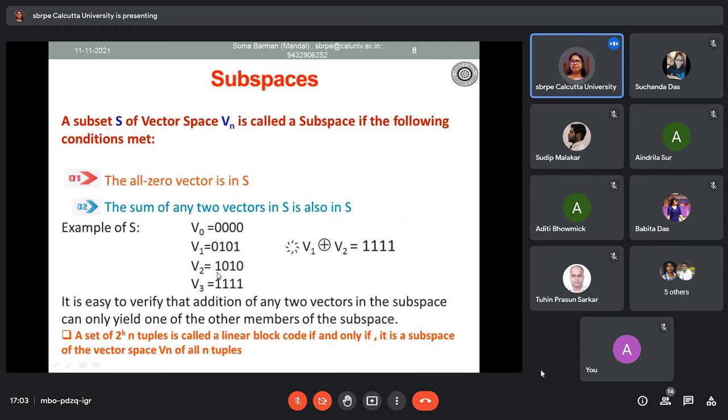Another element taken is 1, 0, 1, 0, and V3 is 1, 1, 1, 1.